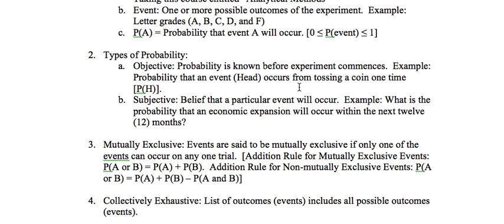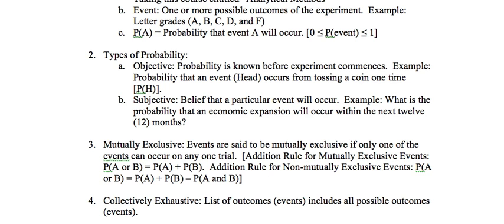But 12 months from now, I can tell you if you were right or if you were wrong. But the subjective probability is based on one's experience in the area, in this case, of forecasting economic recessions or economic recoveries, whatever it may be.